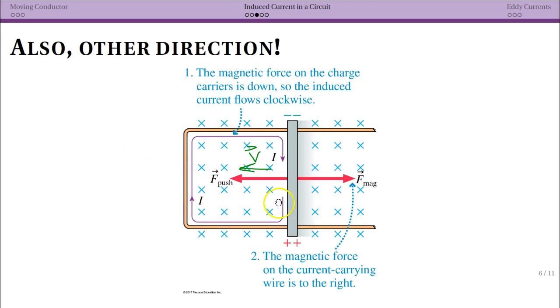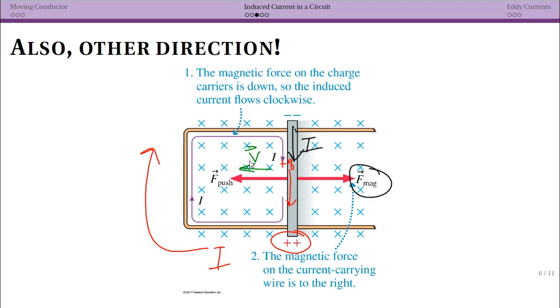In that case, when you do v cross B, you now have your charges going this way, where we're imagining them positive. So you end up with a positive charge there and current flowing the opposite direction. What that means is if your current is flowing this way, then when you do again I cross B, your magnetic force is to the right, opposing your push.